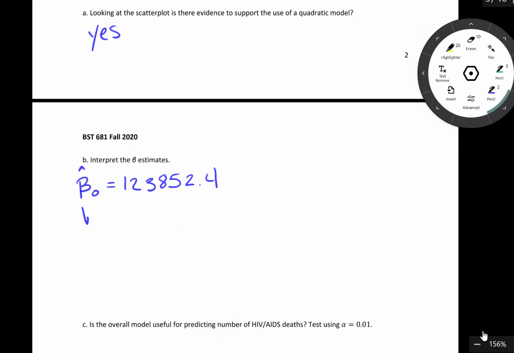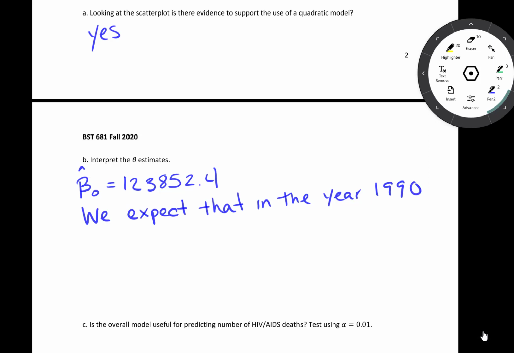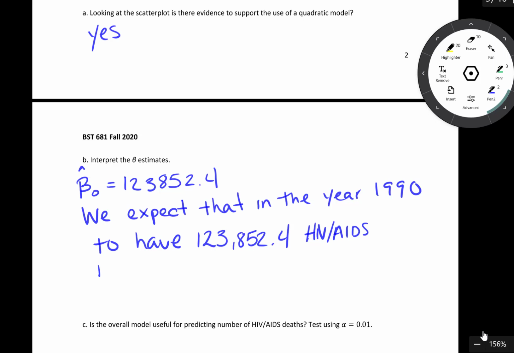So the interpretation says we expect that in the year 1990, now notice the reason this is for the year 1990 is the intercept looks at when x is equal to 0, and remember that x in this case is the number of years since 1990, so if x is equal to 0, that means we're in year 1990, to have 123,852.4 HIV/AIDS-related deaths.